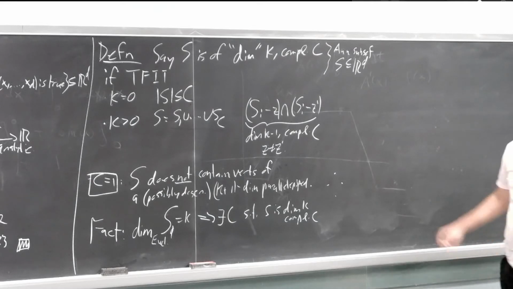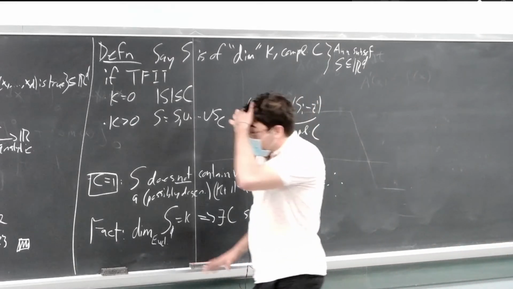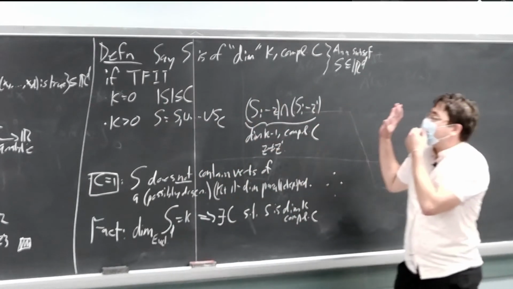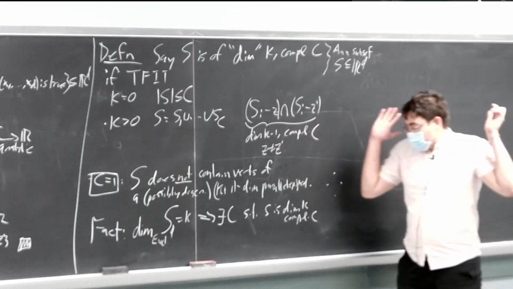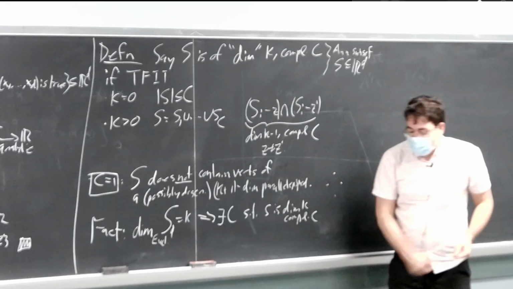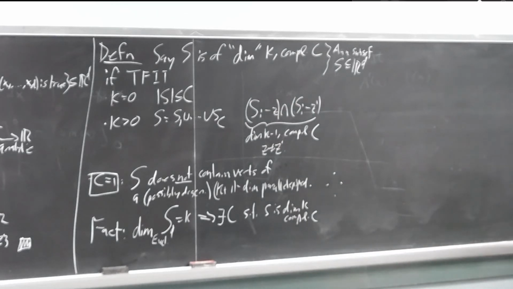Yes, because this notion of dimension doesn't use anything about the Euclidean structure of the space. It's only what the discrete abelian group structure can see.